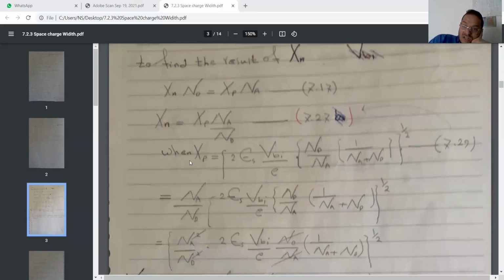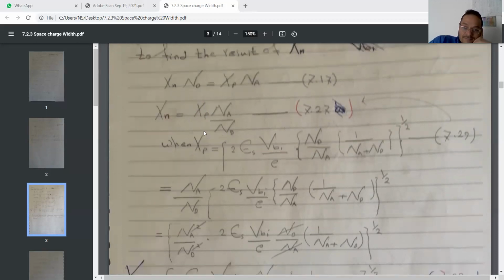We know the result of the equation of the width in the P region, it was 7.29. We will put this result here and calculate equation 7.27 again.